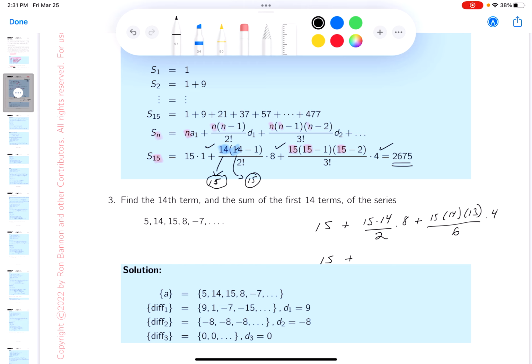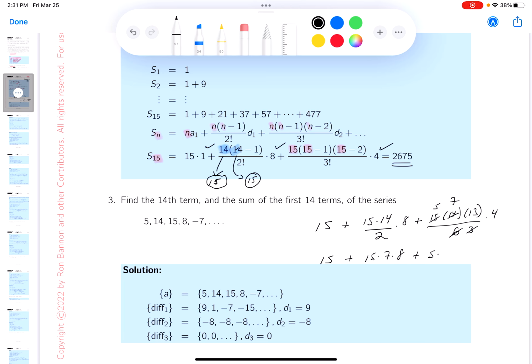But I'm wondering if I did the correct computation. This would be 15 times 7 times 8. This would be, well, let's do this over here. 2 goes into 6 3 times. 14 was 7 times. 3 goes into 3 once, goes into 15 5 times.